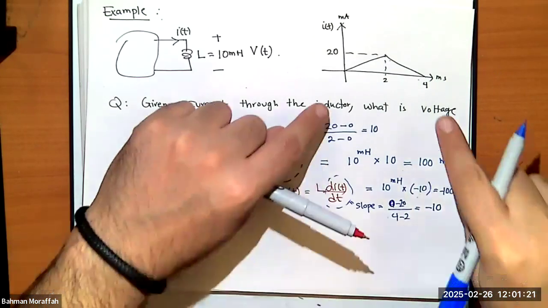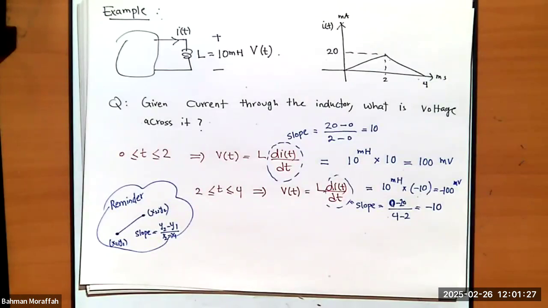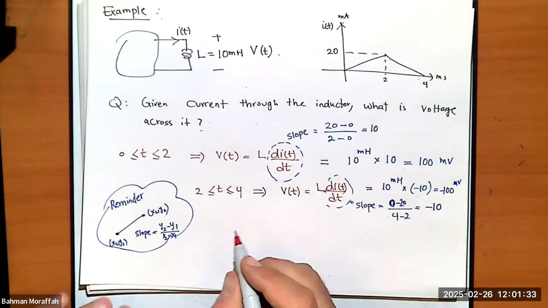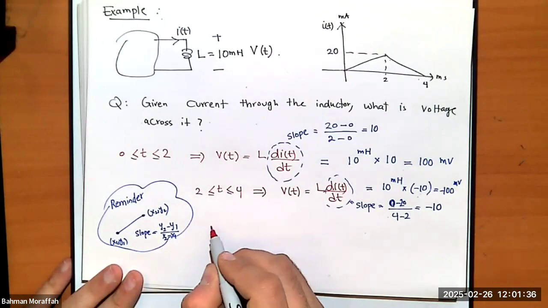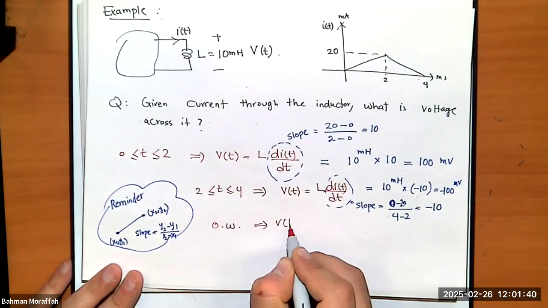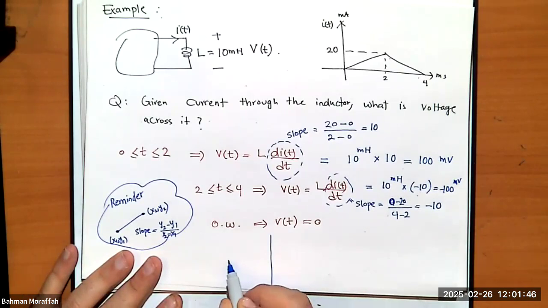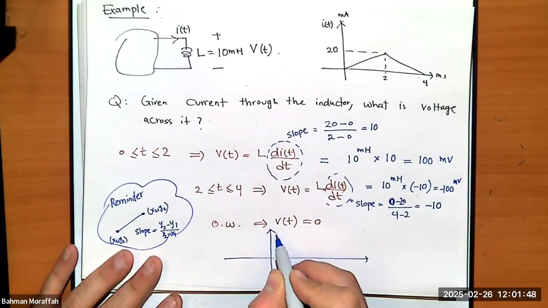What is the voltage for times outside this interval? It's 0, because i of t is 0. So v of t for otherwise is 0. If I plot it, this is what it looks like.